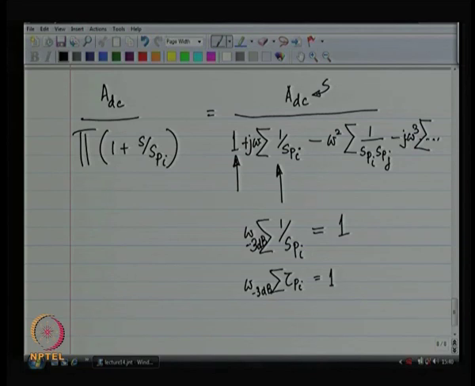Right, which means that the 3 dB frequency is 1 by the total of all of the time constants.